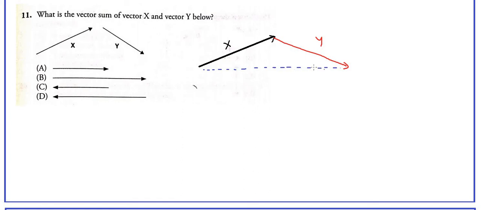So this is our total vector. The direction will be this direction, because the last vector we added is going in that direction. So the answer will be B. A is too short to be the sum of these 2 vectors, and so is C. D has the wrong direction, so B is the answer.